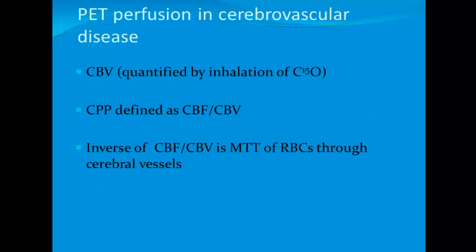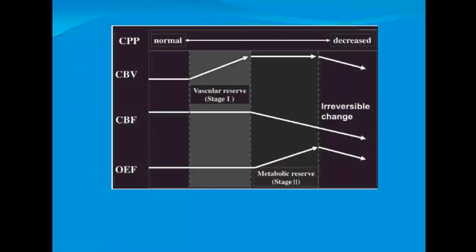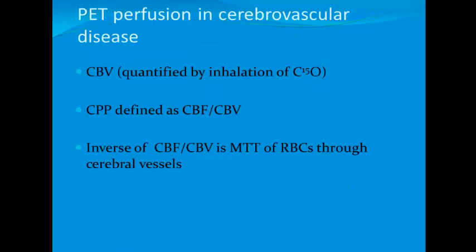And other parameters that we can derive from PET perfusion imaging are things such as the cerebral blood volume. We can also determine the cerebral perfusion pressure, which is the cerebral blood flow divided by the cerebral volume, and also its inverse, which is the mean transit time of RBCs through cerebral vessels.